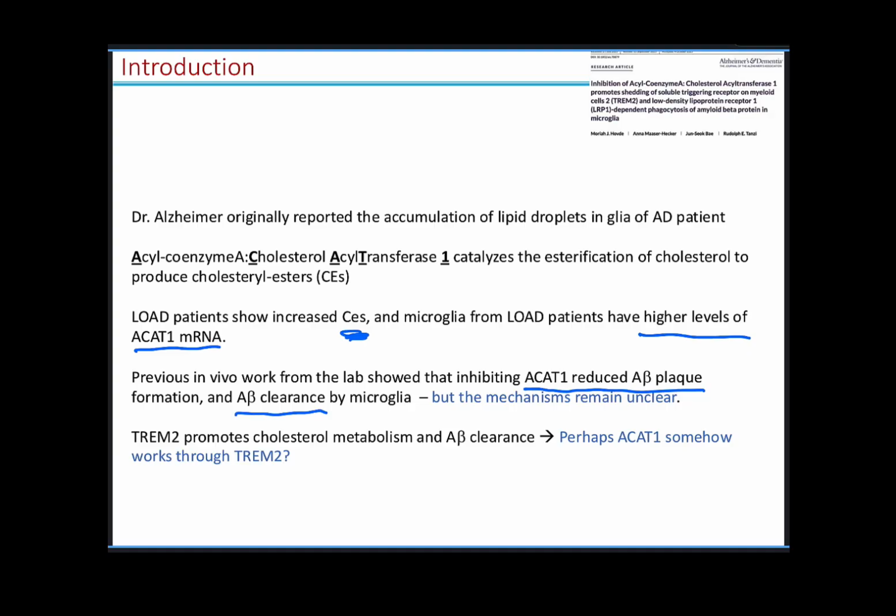So what the authors are doing is sort of putting two and two together and saying perhaps ACAT1 somehow works through TREM2. And that's the hypothesis that they decided to explore in this paper. Okay? This is one of these papers in which there's some previous evidence for this, and we know that this molecule might be connecting the two. Let's take a look. And that's what they're doing.